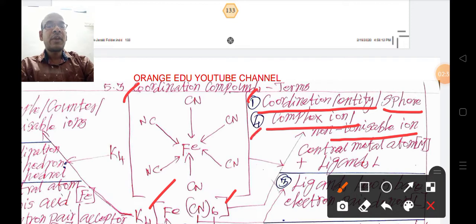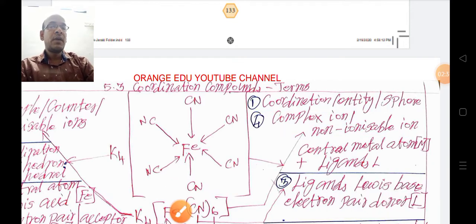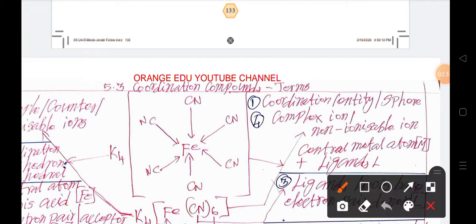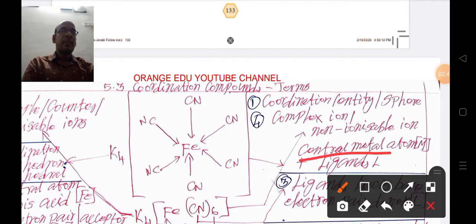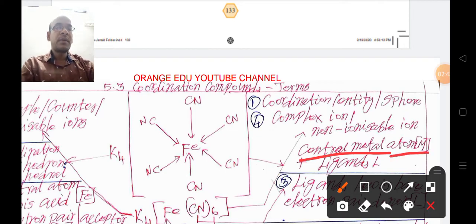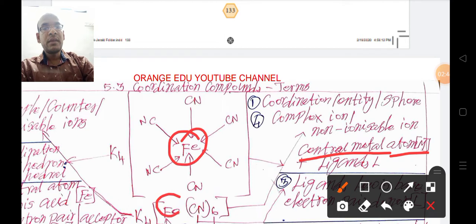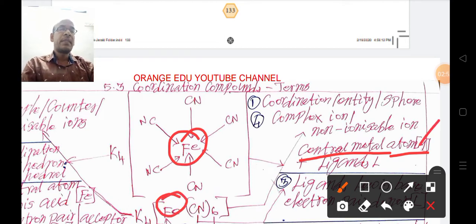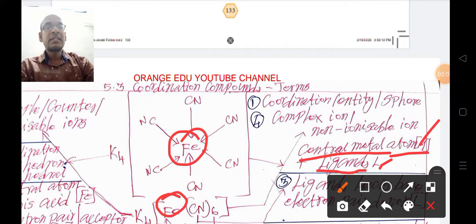This square bracket part has 2 parts. First part is called central metal ion, denoted by M. Second part is ligand, denoted by L. In this example, central metal ion is Fe, ligand is CN.